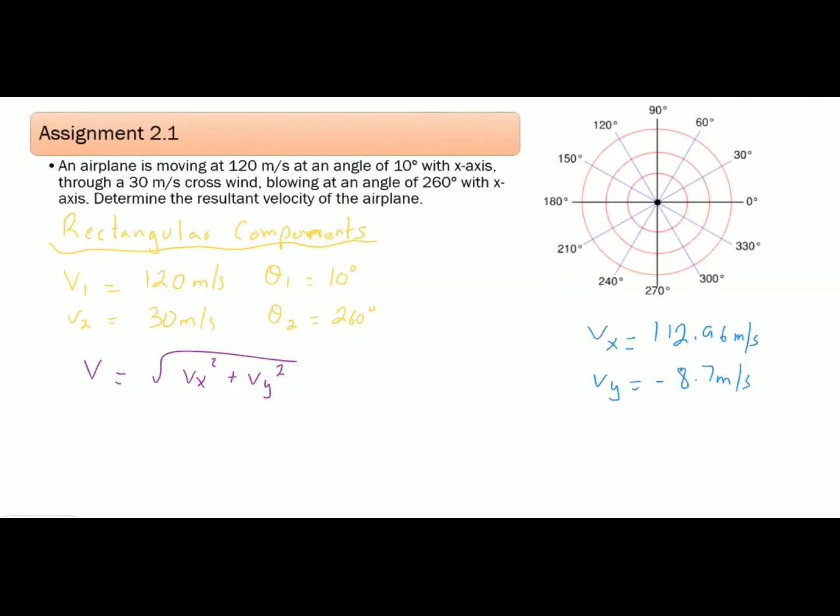By substituting the values, 112.96 squared plus minus 8.7 squared, and taking the square root, the velocity magnitude comes out to be 113.3 meters per second.